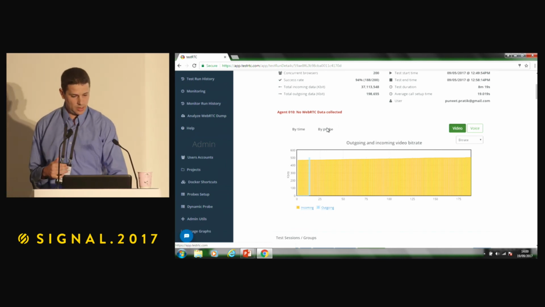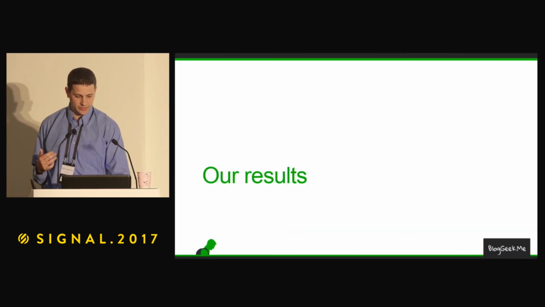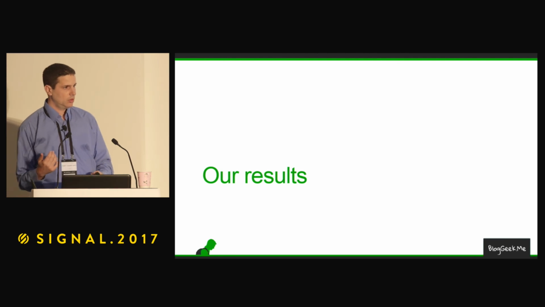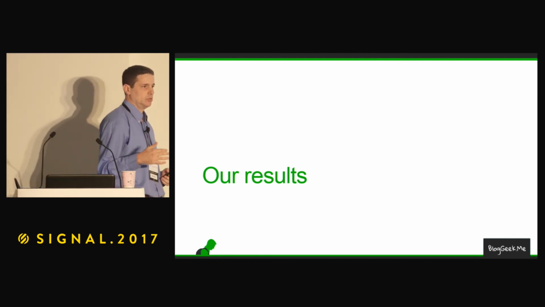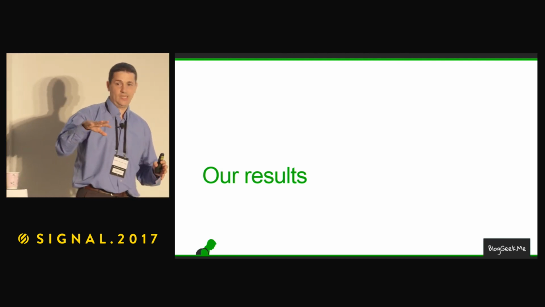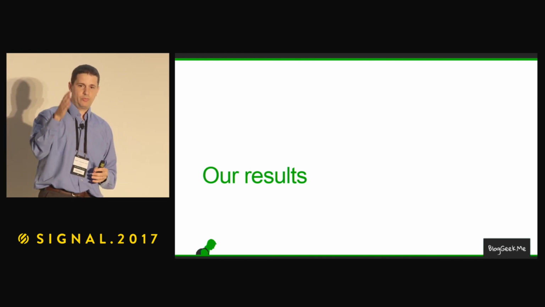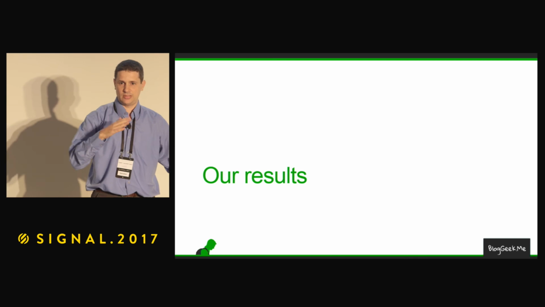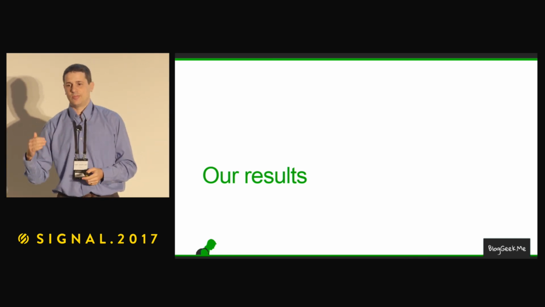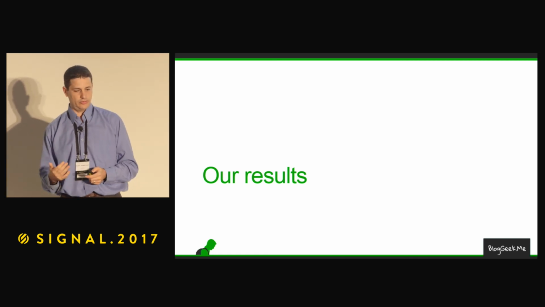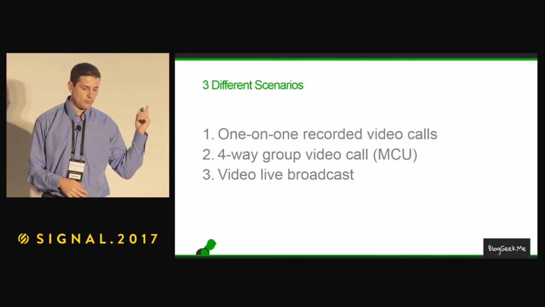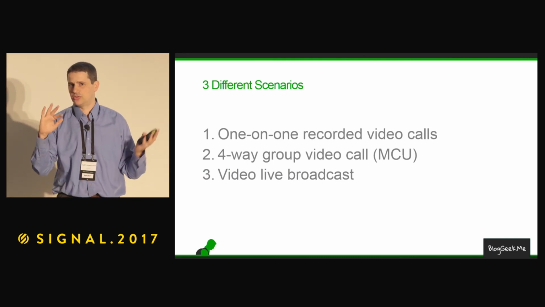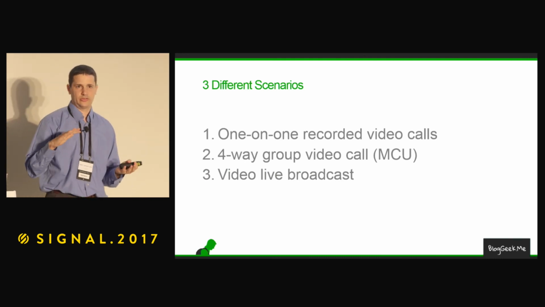So the thing is, and this is what I found, and for me it was interesting, I knew that if I took the same machine, same Kurento, and just replaced the scenario a bit, I totally changed it, the actual numbers for the server would be different. For the one-on-one call, we got something like 16 to 18 browsers.